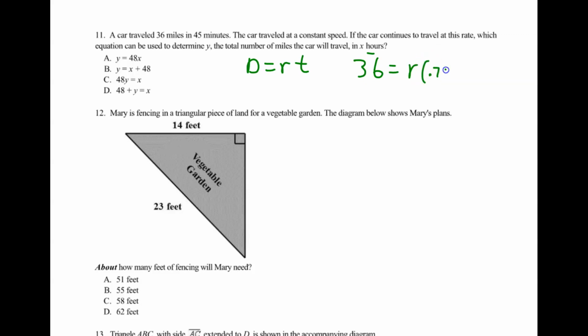Okay, or 0.75. Divide both sides by 0.75. And you get 48. Okay, so you get 48 miles an hour. That would have been your formula. Again, a little tricky in this one. If you didn't get this one, don't sweat it.